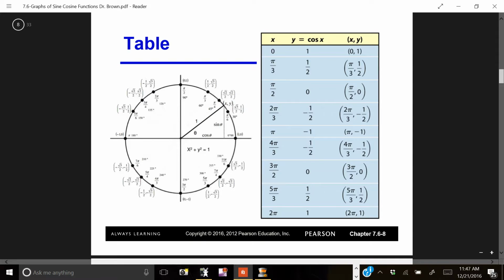Now we're going to look at the cosine function. You remember that the cosine of the function is going to be the x values. In fact, sometimes I would use cosine of theta instead of x, but it will be the x value on the graph.